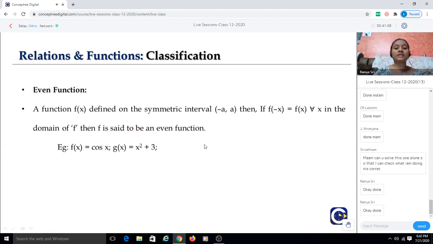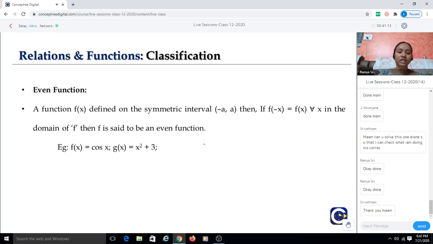So what is actually an even function? If you remember, I have already given a brief introduction of what an even function and an odd function are while dealing with the chapter functions in 11th standard. I'll give you a quick recap. A function f of x is called an even function when f of minus x is equal to f of x.